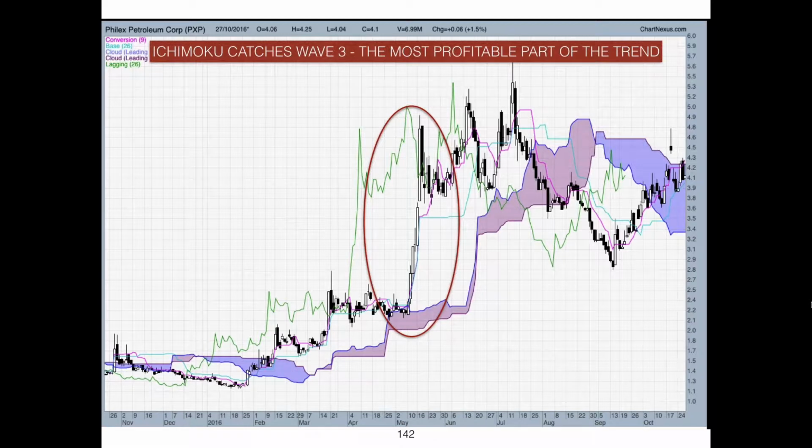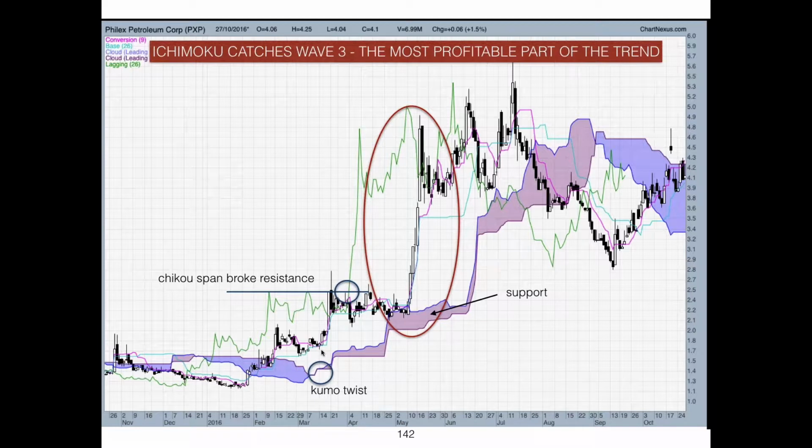Now we see some bullish signs that tell us that PXP was about to explode in May 2016. There were 4 signs. First was this Kumo twist in February 2016. The second was the Chikou span breakout from resistance. The third was the bullish Kumo that happened 26 periods ahead.